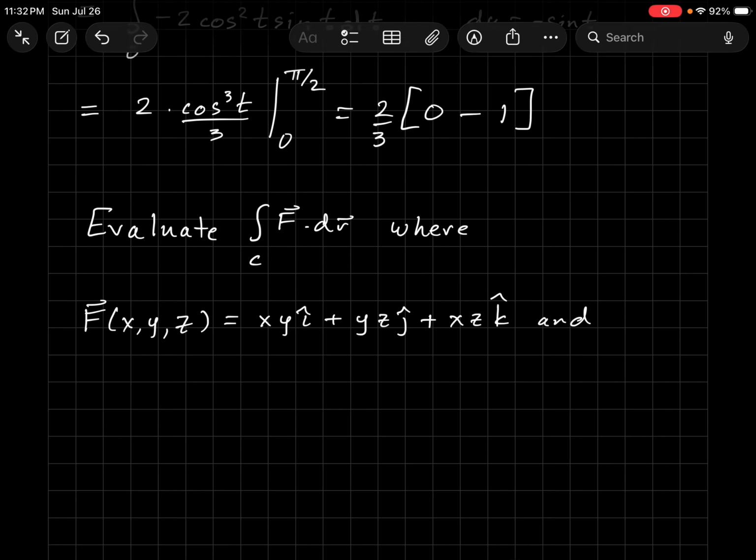And C, I'll parameterize this one for you. We'll say x equals t, y equals t squared, and z equals t cubed for t between 0 and 1.